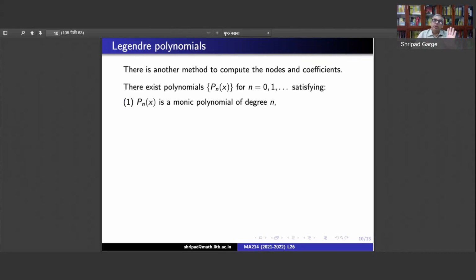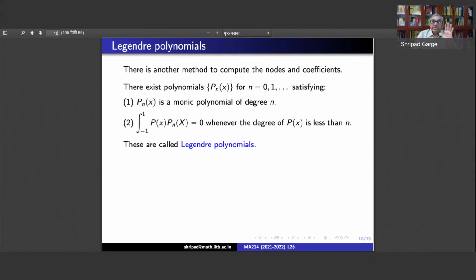And secondly, the integral from minus 1 to 1 of p(x) Pn(x) is 0 whenever the degree of p is less than or equal to n. So this will immediately tell you how the Pn can be computed. These Pn are called the Legendre polynomials.